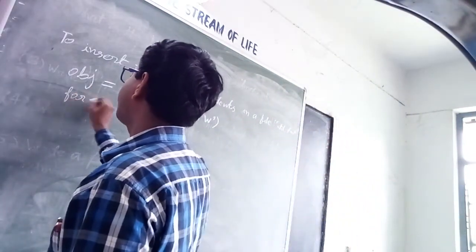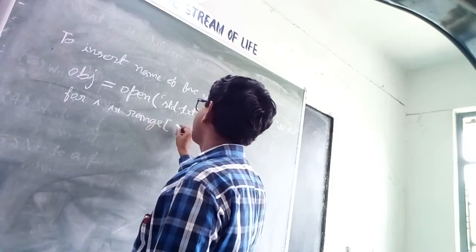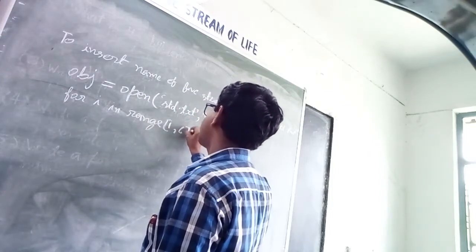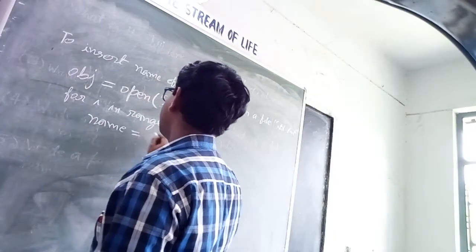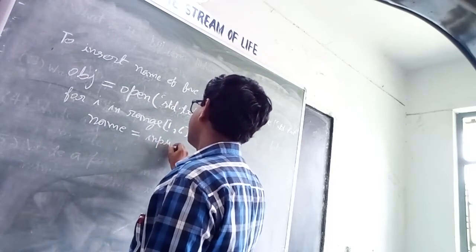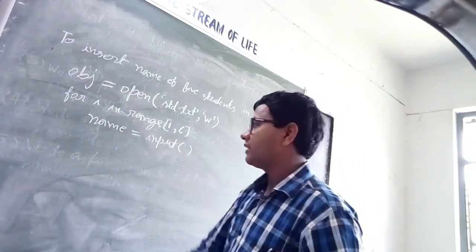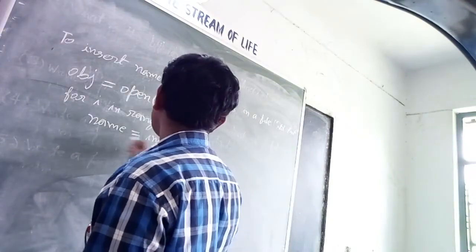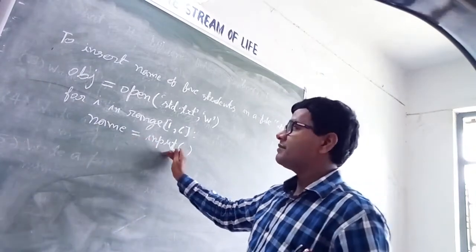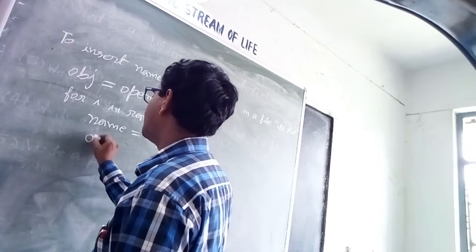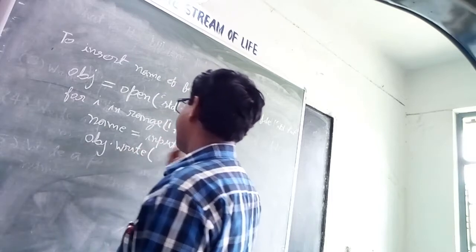For i in range 1 to 6, name equal to input. नेम की एंट्री, नेम में इनपुट आ जाएगा हमारा. ठीक है, नेक्स्ट फाइल ऑब्जेक्ट obj, and we have to write these names in our file, hence we use obj dot write, and the argument is name.